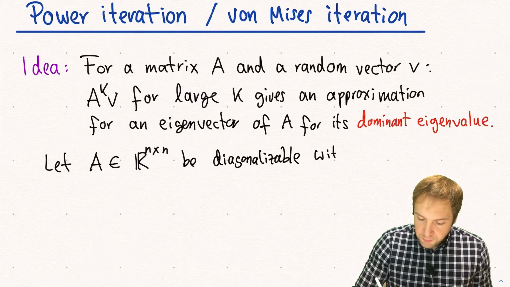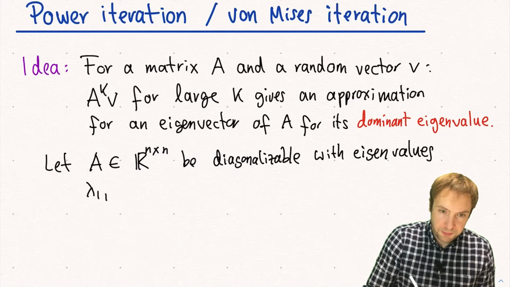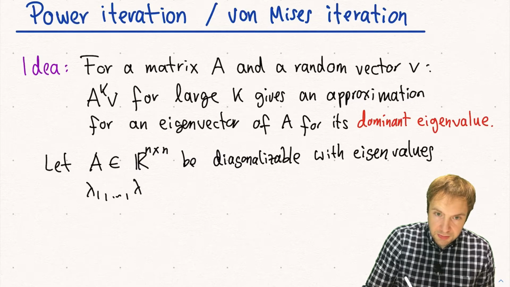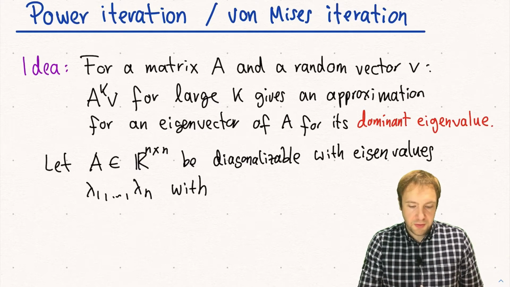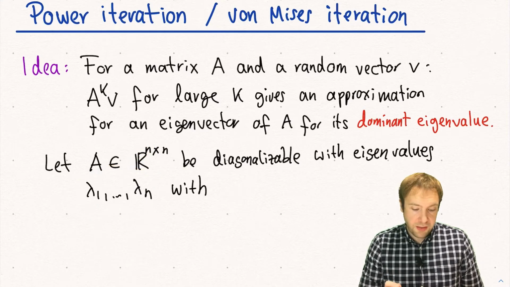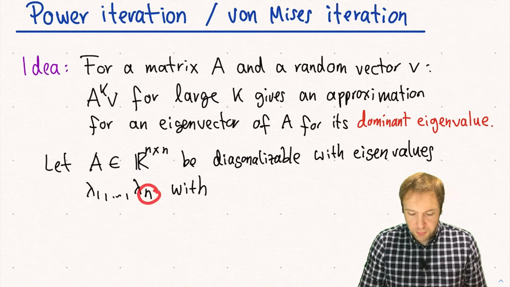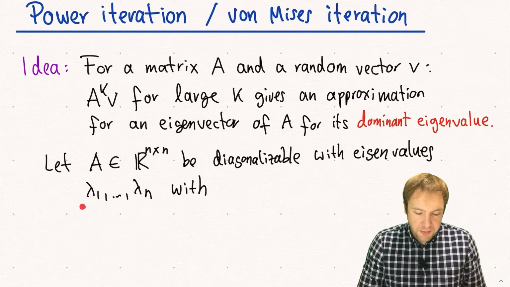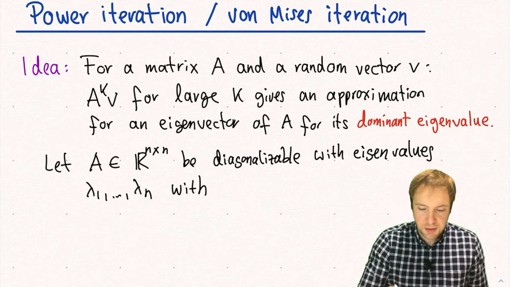And let's assume we have eigenvalues, let's call them lambda 1 up to lambda n. Of course, this is now in n dimensions, so we can have up to n eigenvalues. In this case we have n because it's diagonalizable, but some of them can also be the same. For example, the identity matrix just has eigenvalue 1.